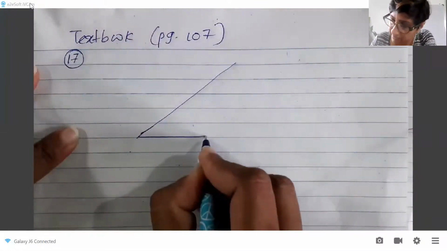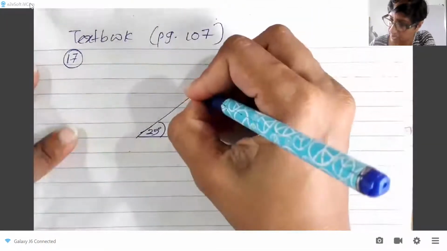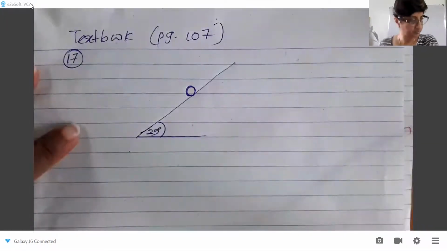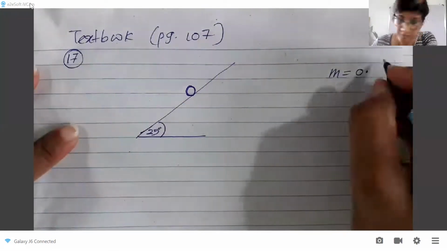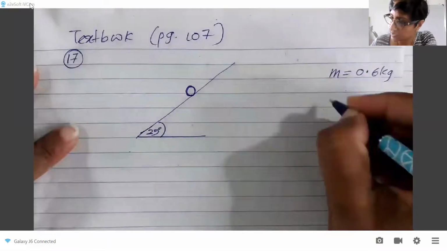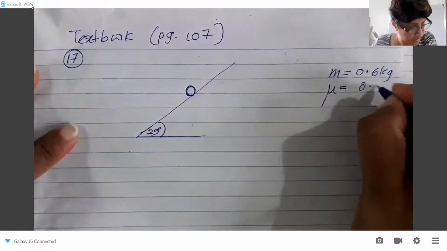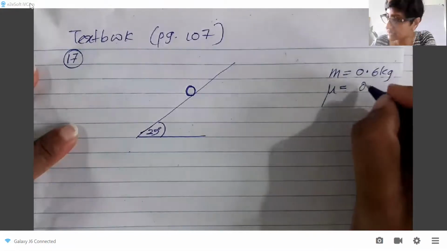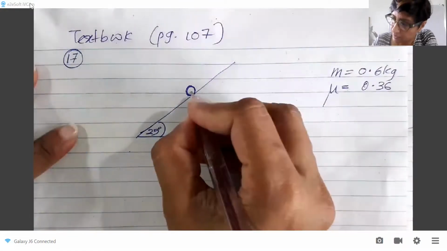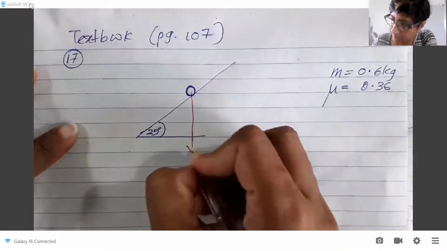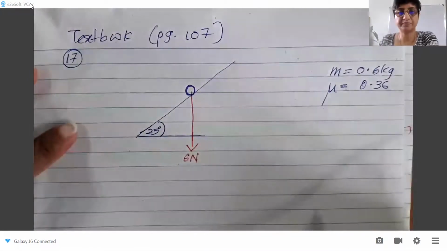This is 25. Here's your object. Mass M is 0.6 kg. Mu is 0.36. That's all we have. So you have weight acting down, 6 newtons, right? mg.